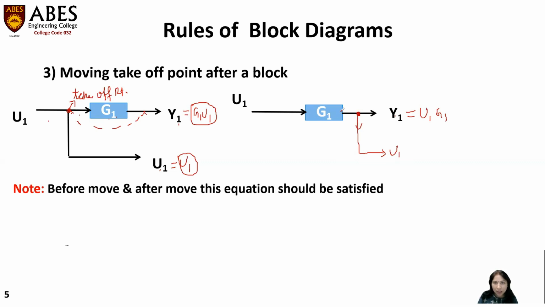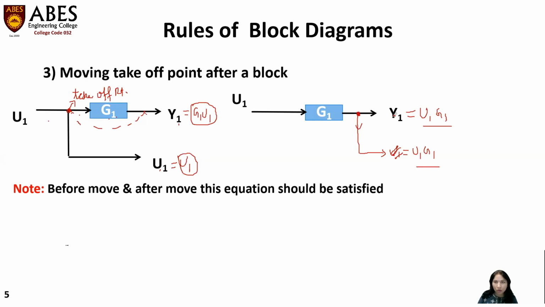This signal is basically u1 into g1. We are getting it as y1 and the same signal I have fetched here. So presently for this figure, I'm getting the value of u1 as u1 into g1. Basically, I'm getting the value of this signal as u1 into g1. Now just compare the values of y1 and u1, means this signal, right?